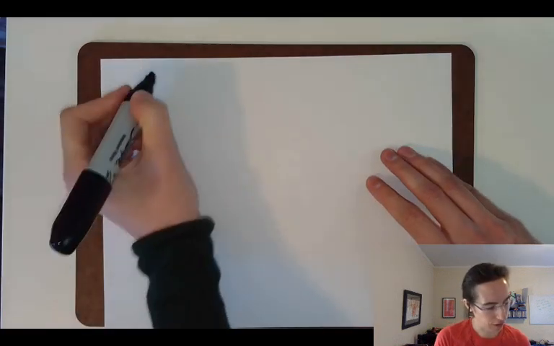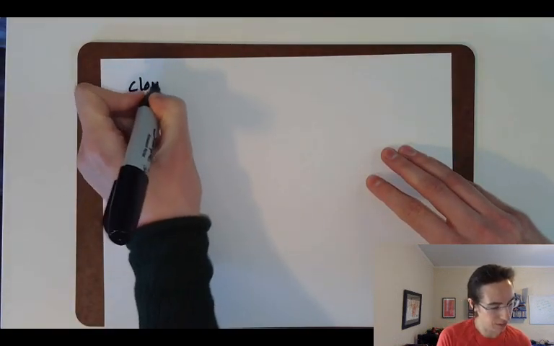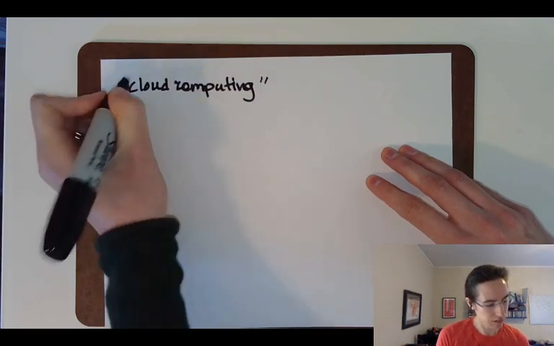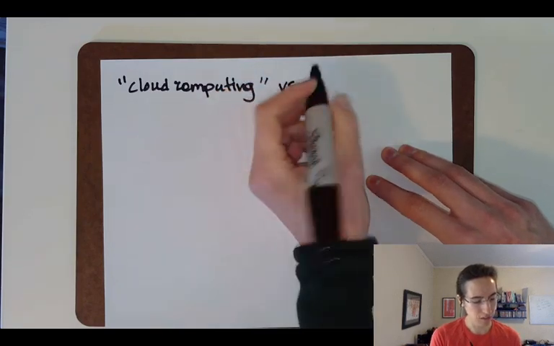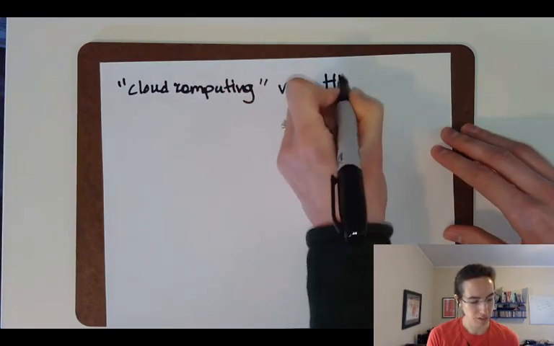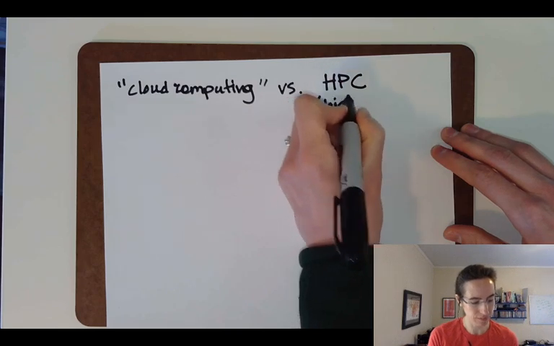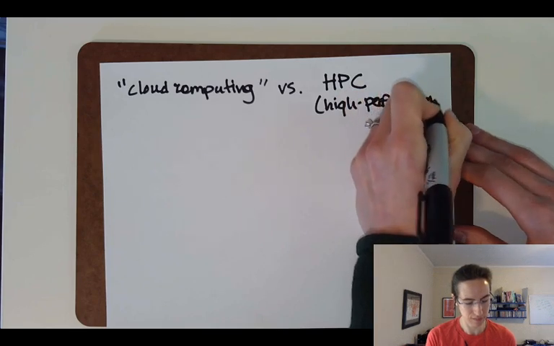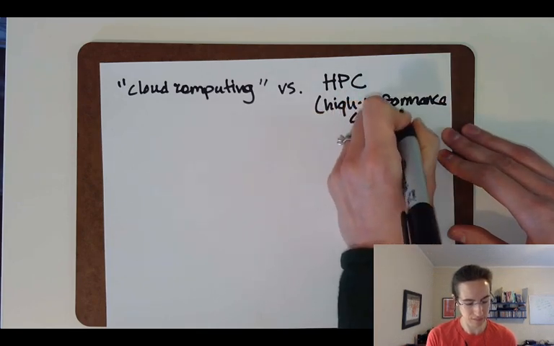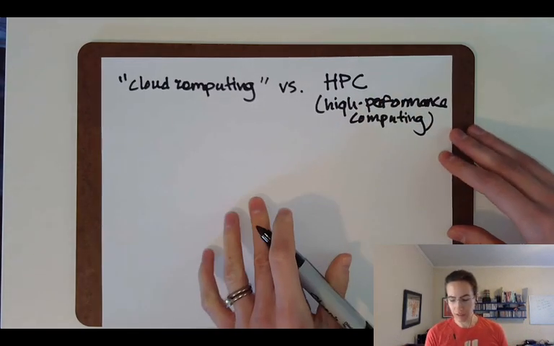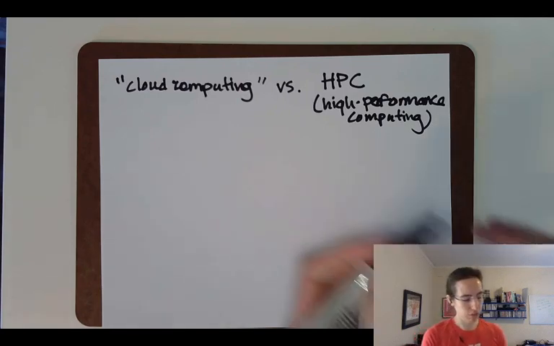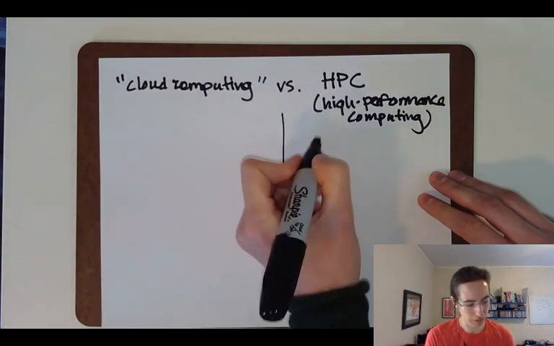So we can distinguish between different philosophies: cloud computing versus, let's call it HPC, or high performance computing. The HPC philosophy is more like the philosophy of choosing to treat partial failure as total failure.